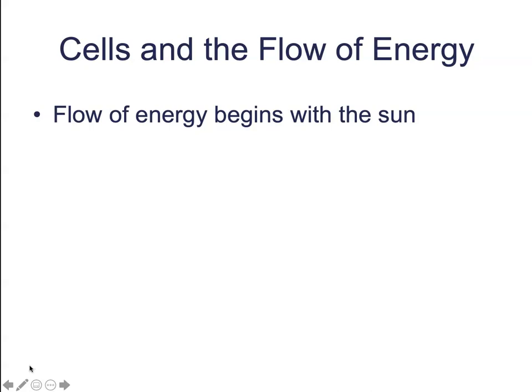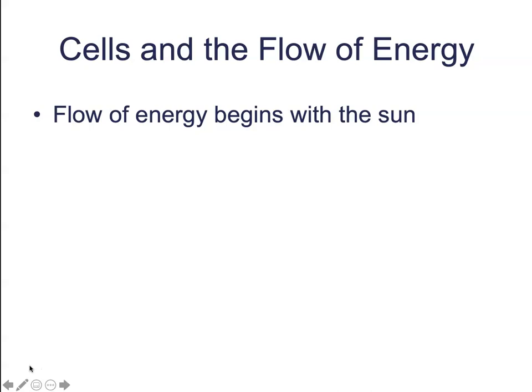And we're going to talk about this energy flow extensively when we talk about ecology and when we study various components of the environment. But what you need to know is that energy goes from the sun to the plants, to the animals that eat the plants, and to the animals that eat the animals that eat the plants. This is the flow of energy, but it all comes back to the sun.